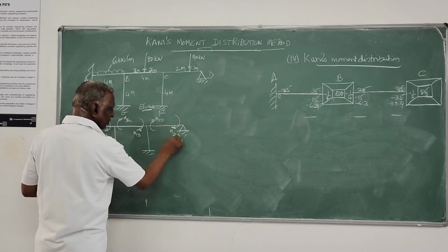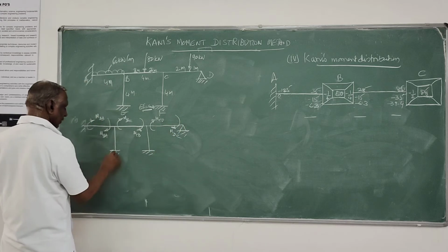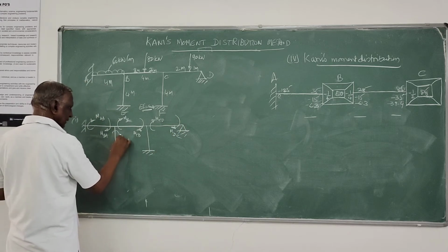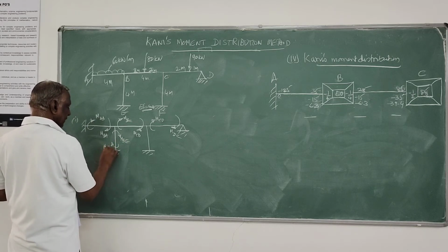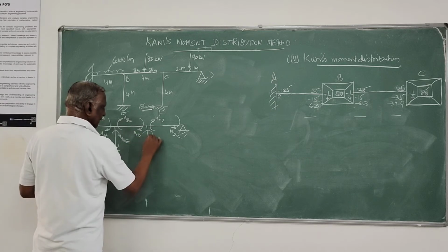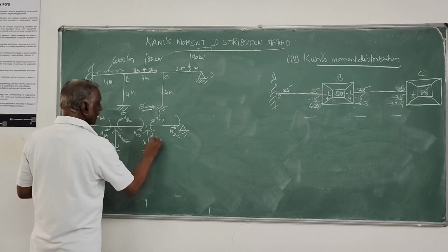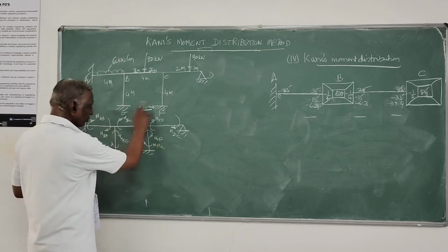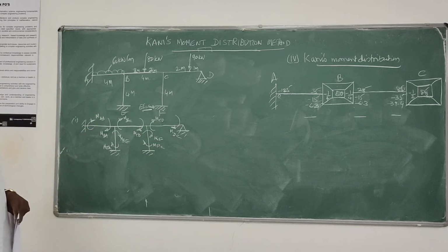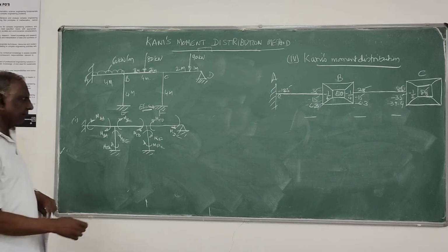Of course, this MDC is 0. Then MBE, MEB, MCF, MFC. These are the forces at the ends of members to be determined.